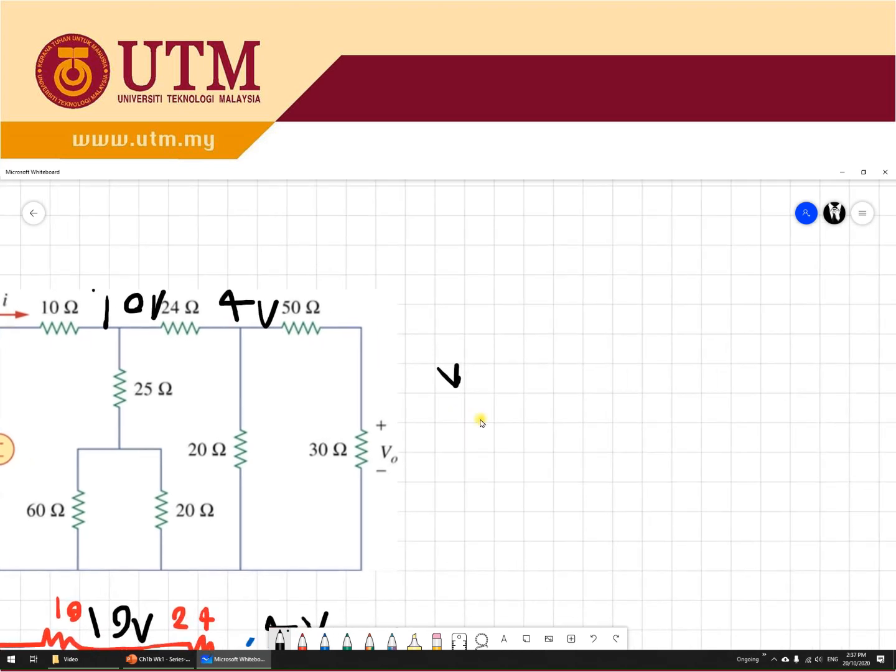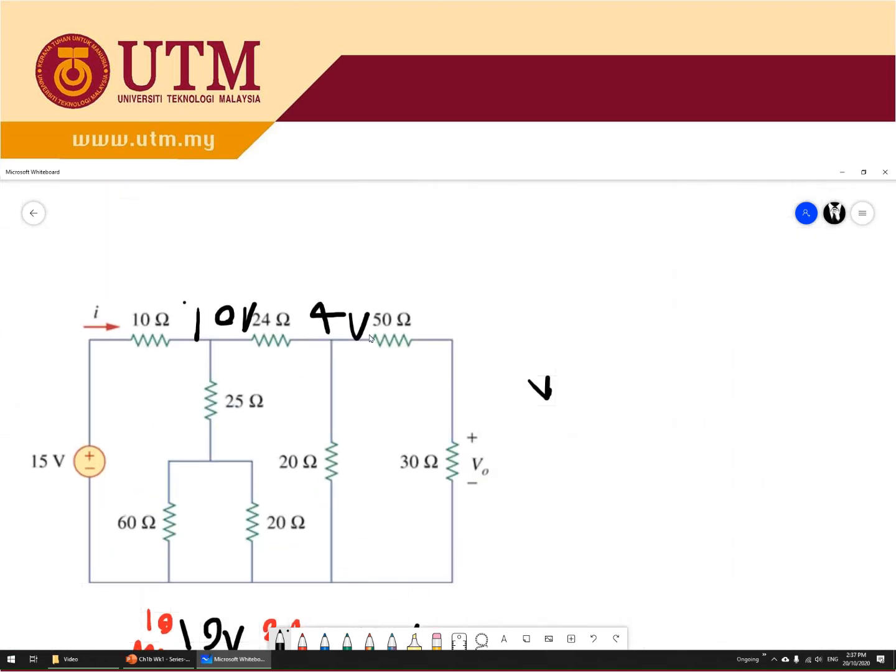Now use the same concept here. You already get this, then you can get the next part, which is, for example, I50. Make sure that the naming is not the same as before.